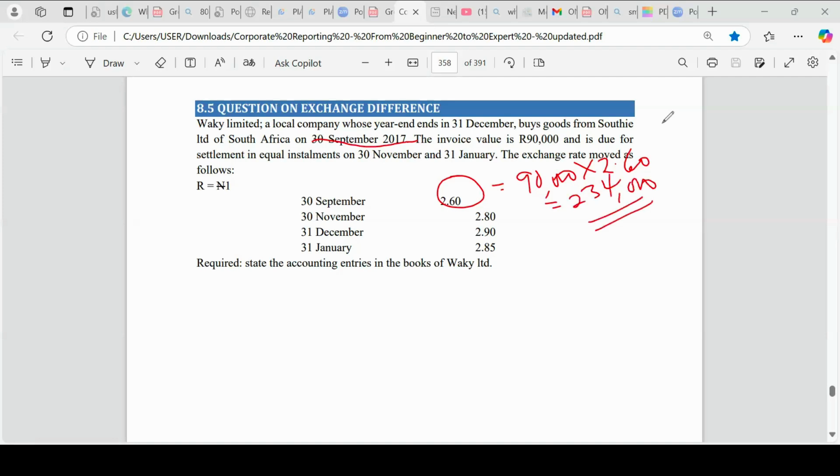Now, when are they supposed to make payments? They are supposed to make the first installment on 30th November. As of 30th November, it will be 90,000 times 2.8. They said 2 equal installments, so they are paying 45,000 times 2.8.